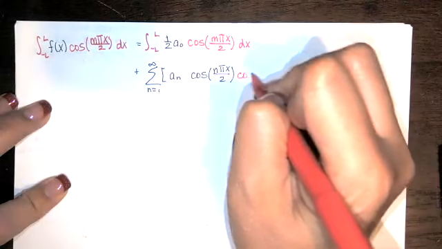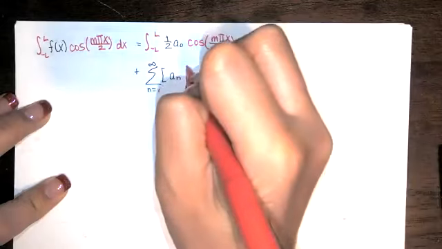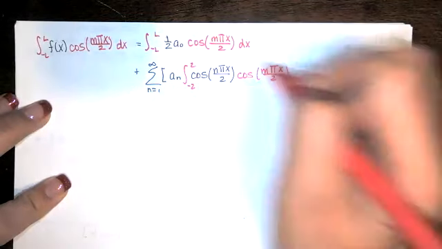So we're going to multiply this one by cosine of m pi x over 2. And we integrate from negative L to L, which in this case is negative 2 to 2.